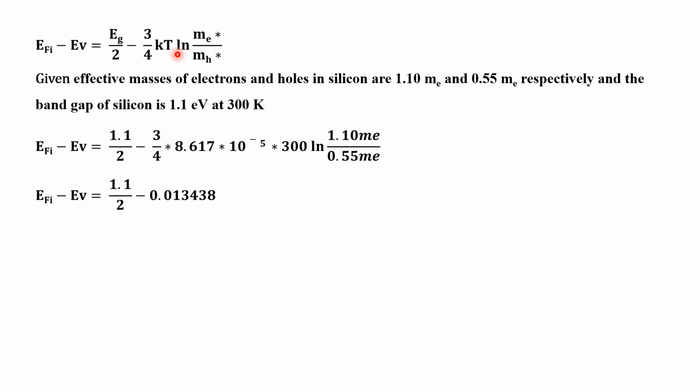So when you solve this part, 3 by 4 KT ln (me star by mh star), you will be getting 0.013438.